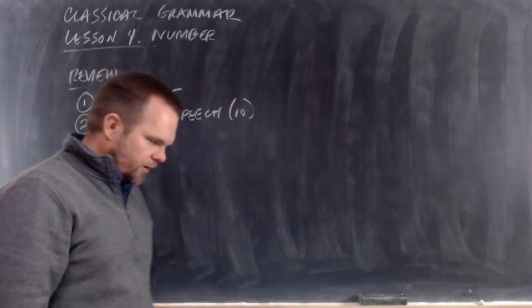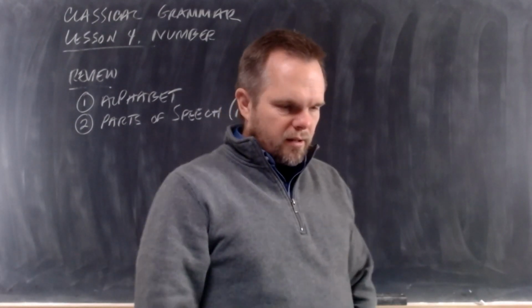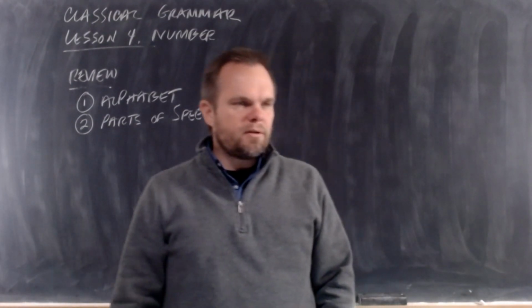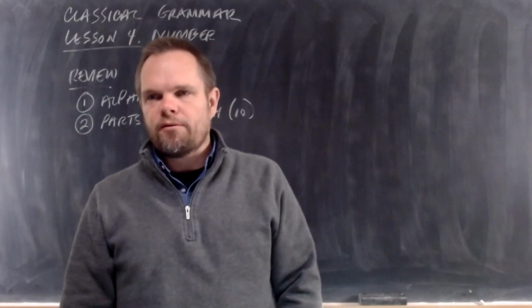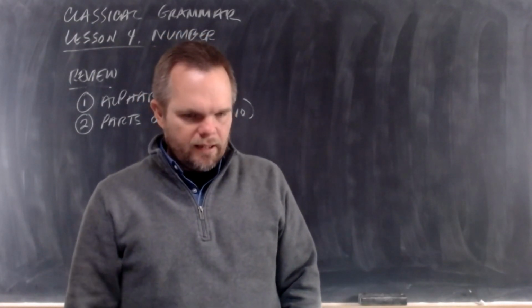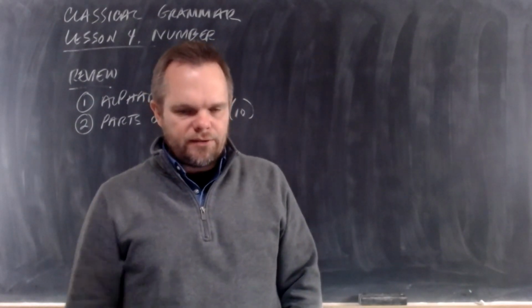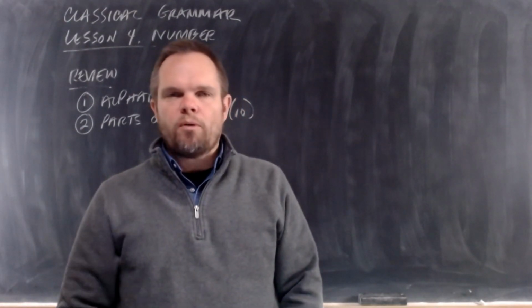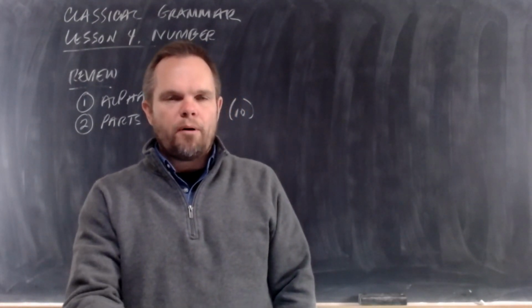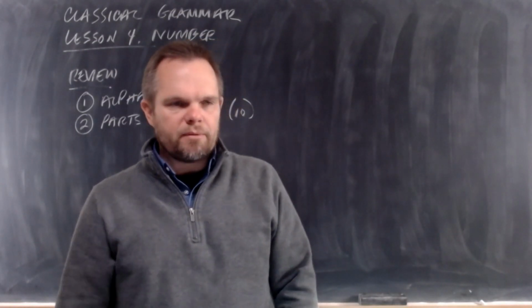So you should study to make sure that you know the names of the 10 parts of speech, have a good sense of the definition of each, and that you can identify the parts of speech. When you look at a sentence, you should be able to go word by word and tell what part of speech each word is. That's the goal, to be able to do that.